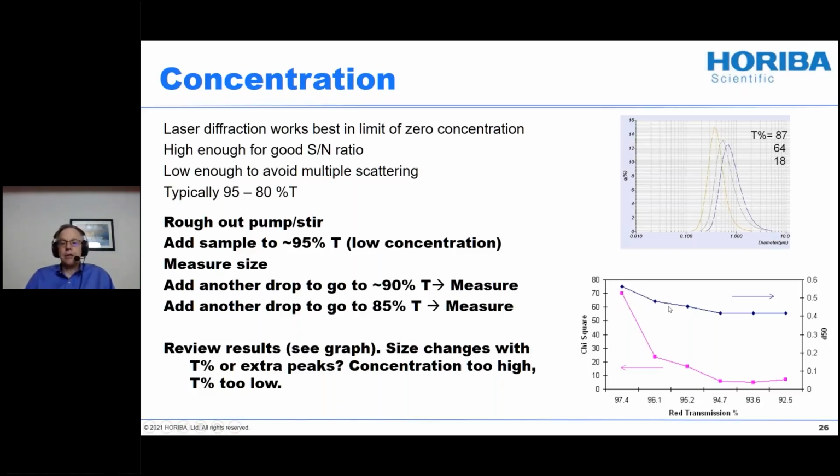You can also see the chi-squared value is quite high. It tells me that I just don't have enough particles to make a good measurement with such a high T% or low particle concentration. So you're trying to operate in this range, which here starts at about 94.7. Once you know that range, you can actually document this series of measurements and say this is why we're setting the limits where we are.